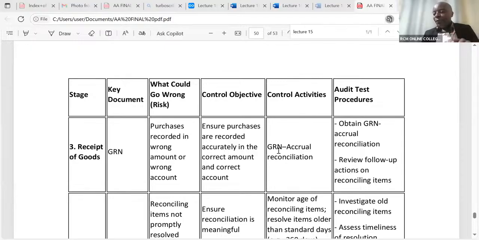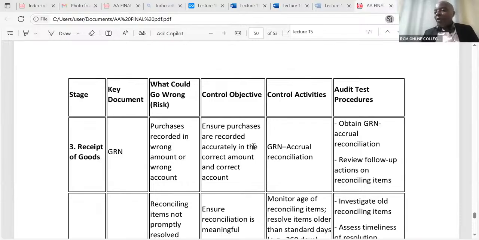That is the right term we use. You cast the figures in the GRN and trace them to the accrual account. So do a GRN and accrual reconciliation. That by itself is a control which will ensure that we don't have misstatements in our financial statements.